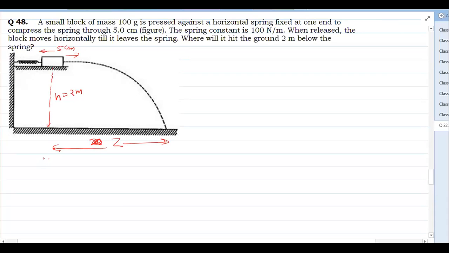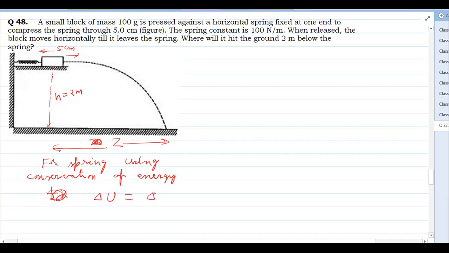For a spring, using conservation of energy, delta U equal to delta K, or minus delta U equal to delta K. The decrease of potential energy equal to increase of kinetic energy.